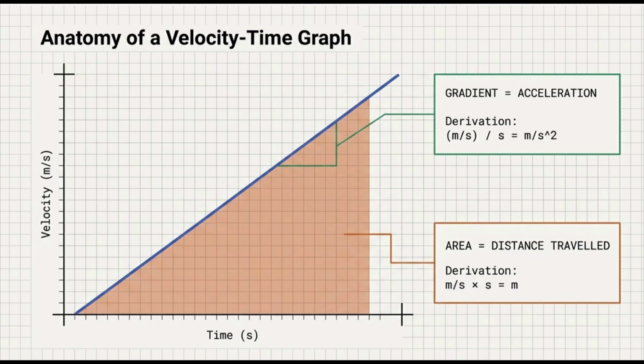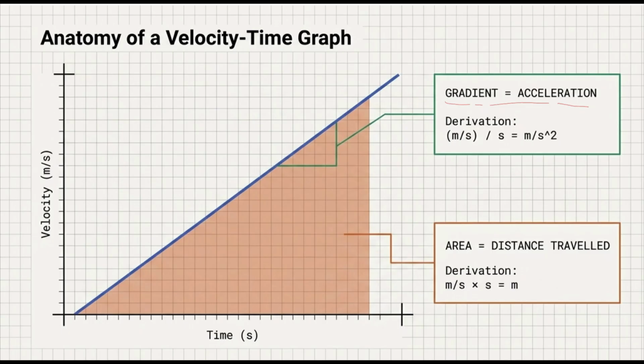Here we have two key features to remember. The first thing is the gradient. The gradient represents the acceleration. It is the slope of the graph.